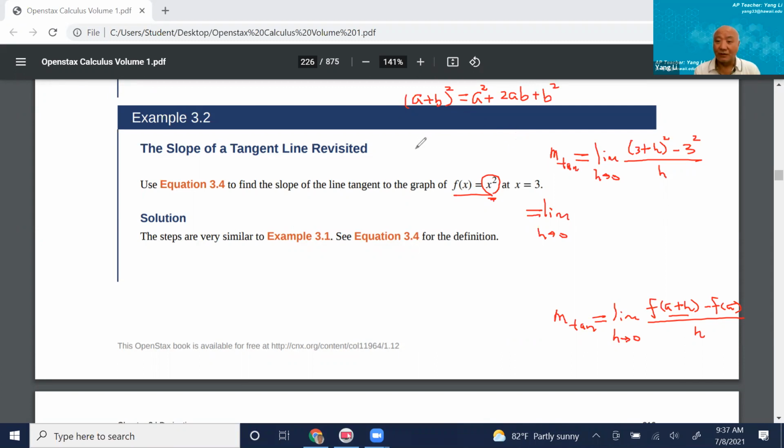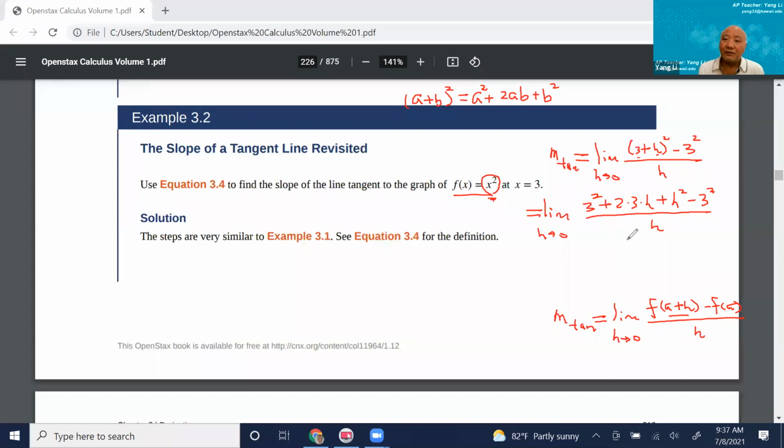If you follow this formula, you get 3 squared, plus 2 times 3 times h, plus h squared, and minus 3 squared, over h.